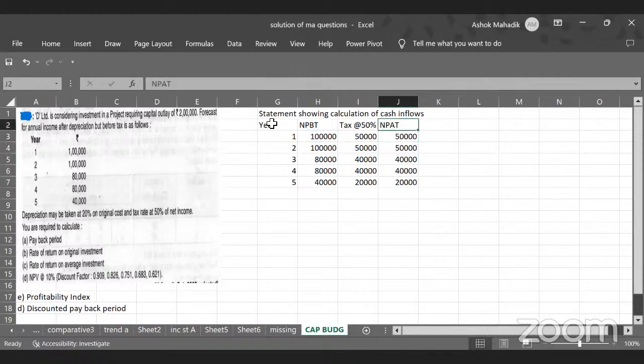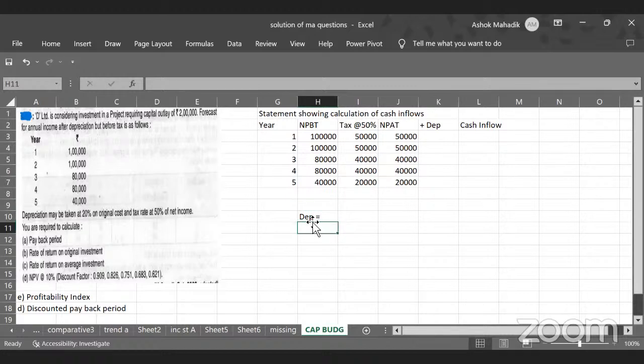Then we have to add back depreciation. We have to add back depreciation with net profit after tax so as to get cash inflow. The formula for cash inflow is NPAT plus depreciation. Now we have to calculate depreciation. It is not given in the sum. So I will give you the formula for calculating depreciation.